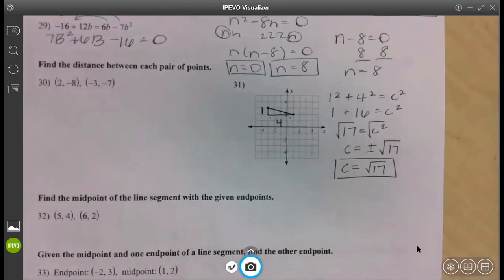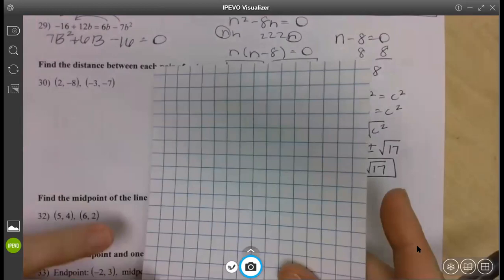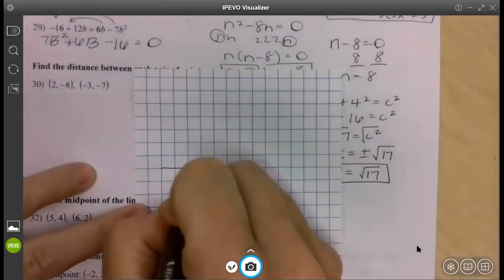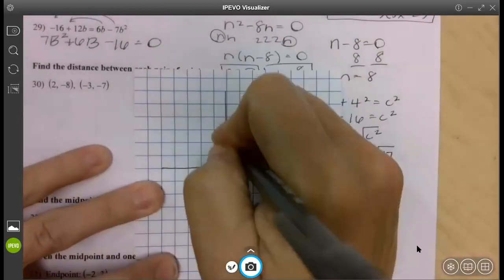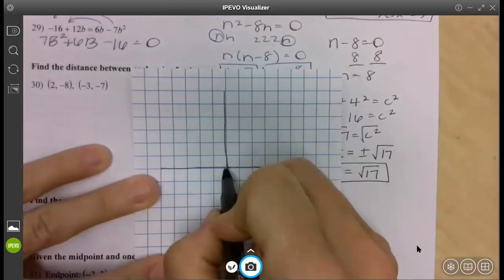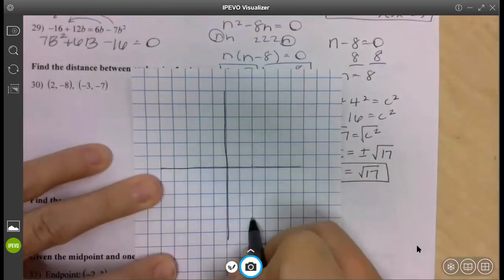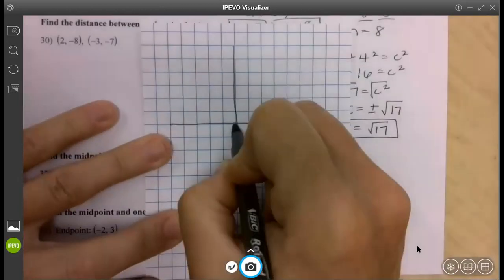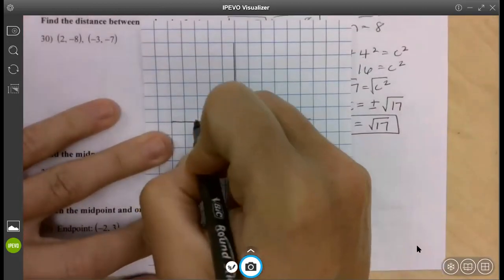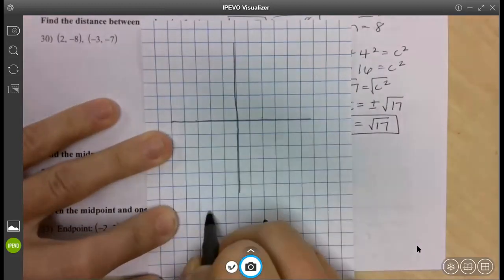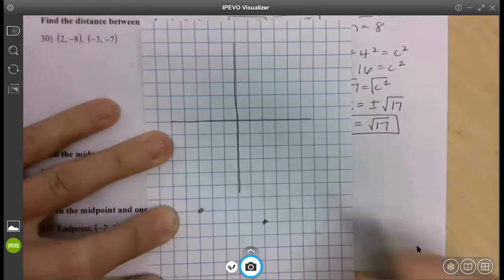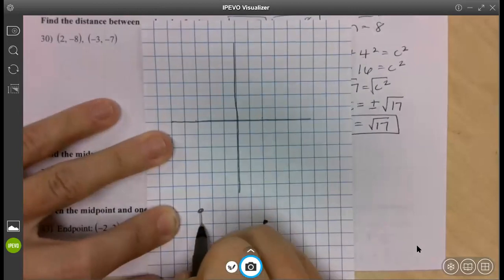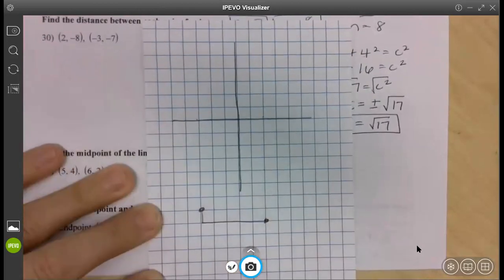All right, so what if they only give you the points? Then you're going to use your Desmos, or you can use this to graph it. We have 2 and then negative 8, which is way down here. And then we have negative 3 and negative 7. Okay, doesn't matter where the points are. We do our rise and our run.